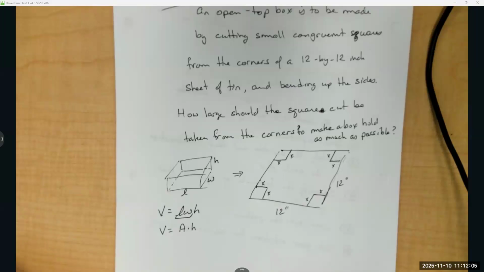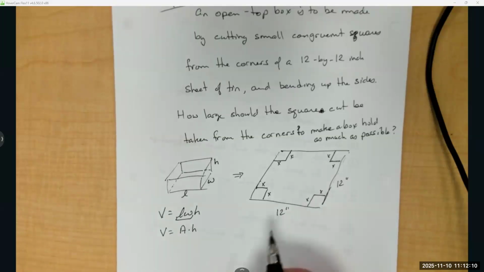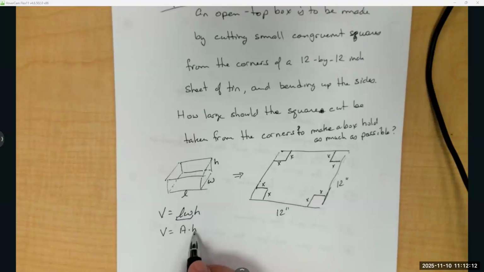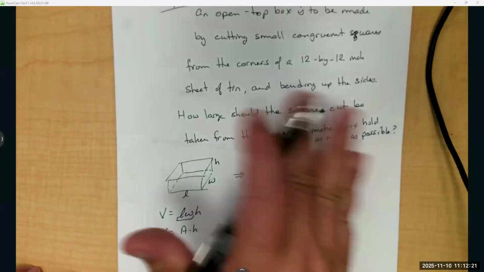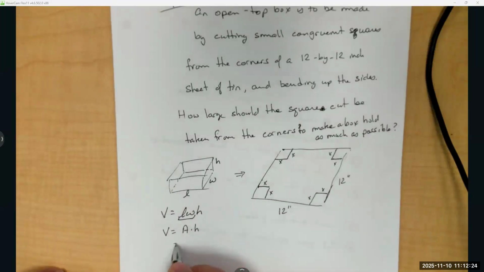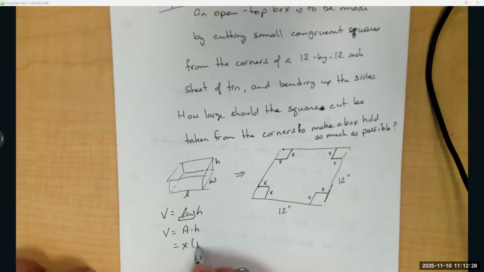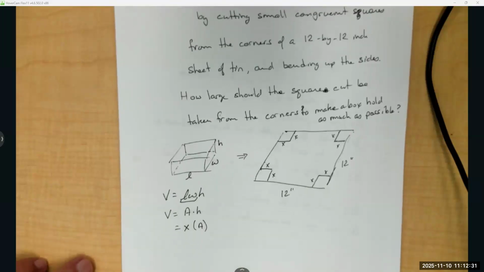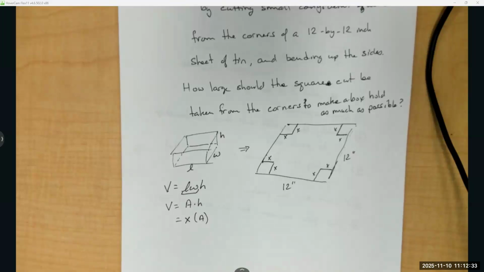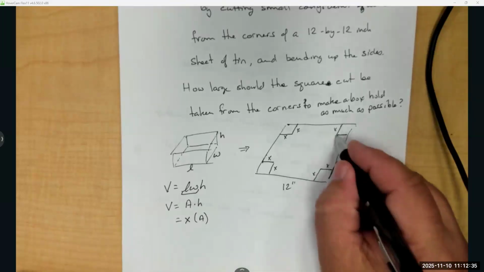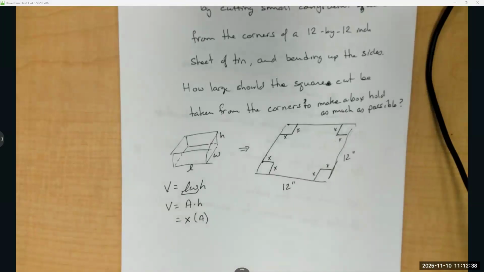We know the height. These are the x's, because once we finish, we bend them up. So our height is the x.